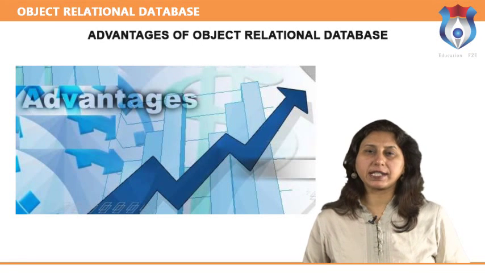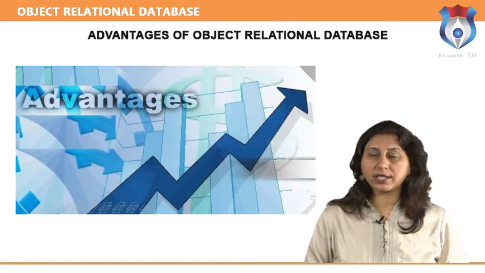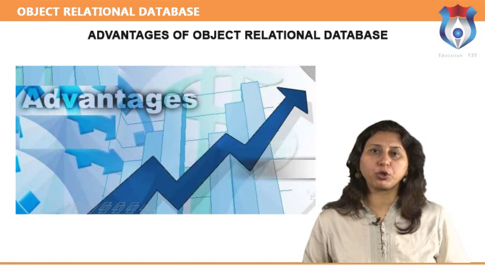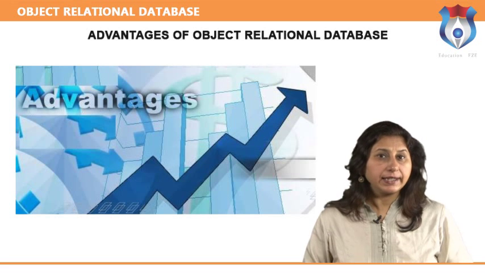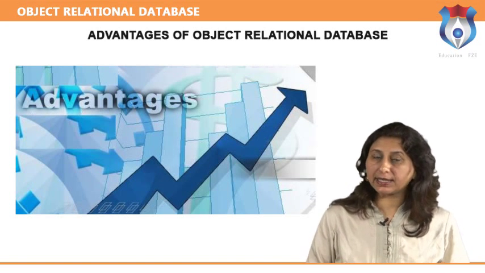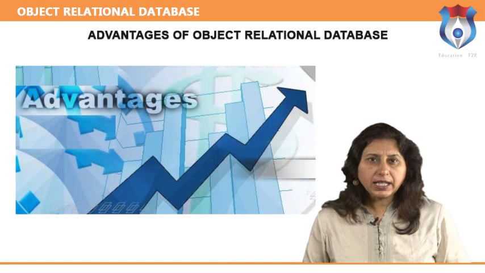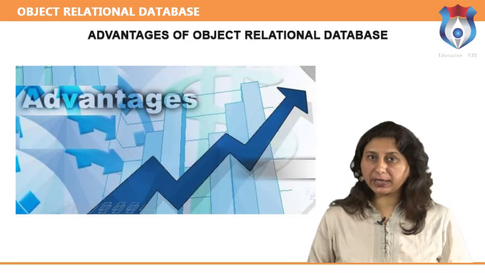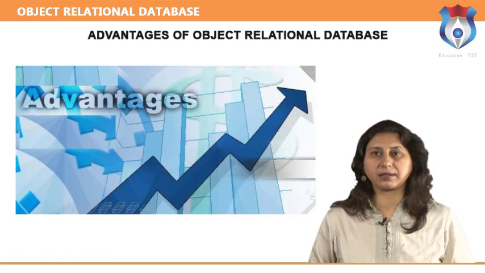Object relational databases combine the features of both relational databases and object-oriented programming. This means that when developing these databases, we can include methods and data types. This increases your ability to sort through and locate files within these databases faster.